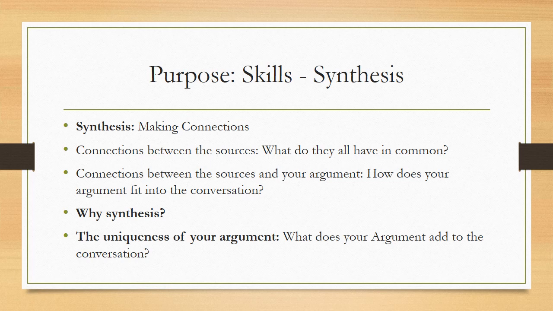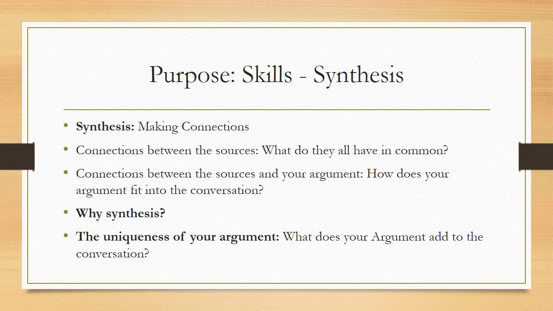Finally, there's a 4th piece that's part of this conversation, and that's your argument. If you look at the similarities between source A and B and the similarities of those 2 sources with source C, you've brought them all into the paper because they're related to what you're saying. So also look at the similarities of what those 3 arguments are saying together and what your argument is saying.